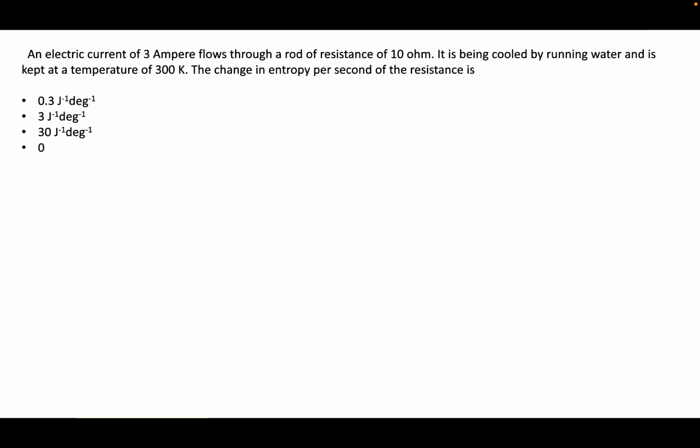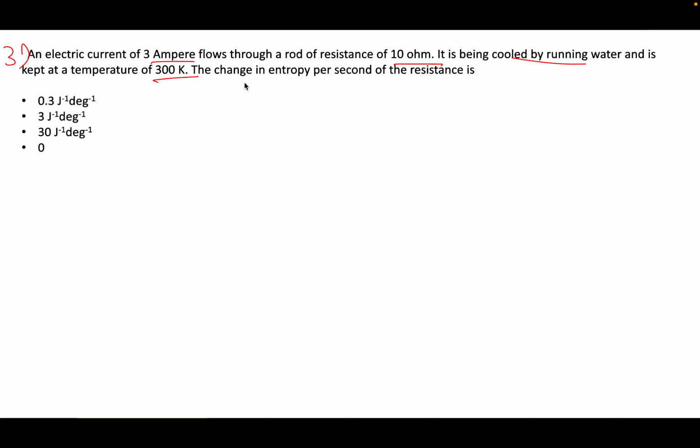Okay. Question number 3. An electric current of 3 ampere flows through a rod of resistance 10 ohm. It is being cooled by running water and is kept at a temperature of 300 Kelvin.